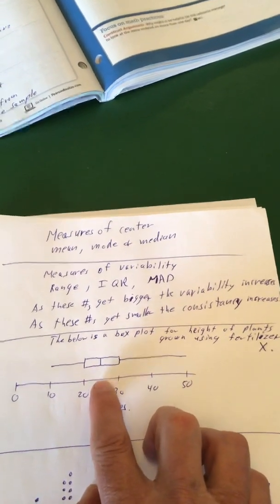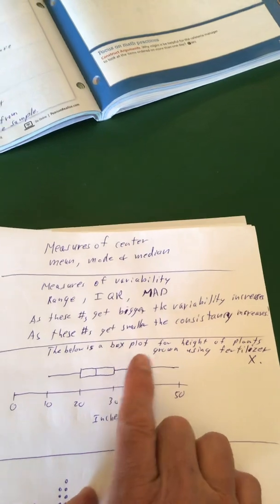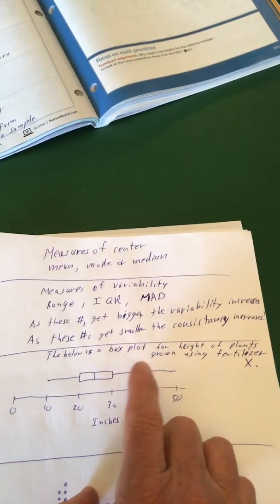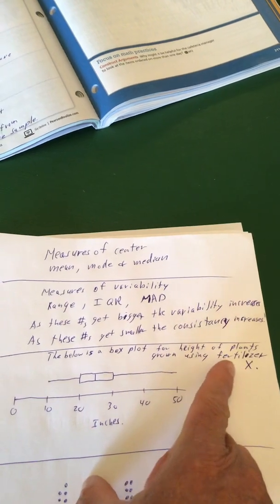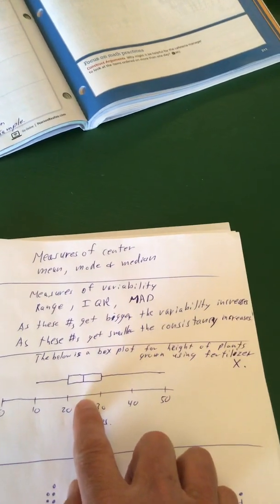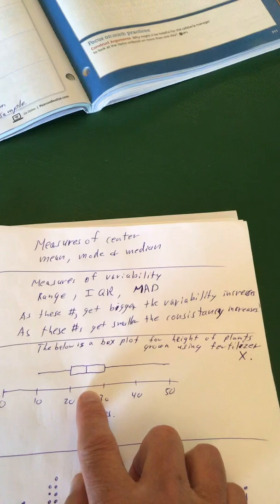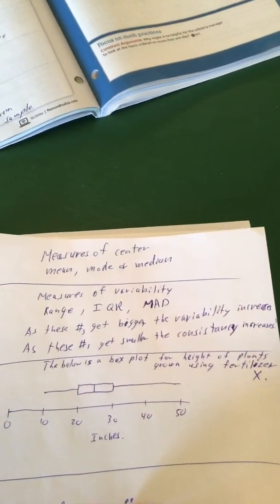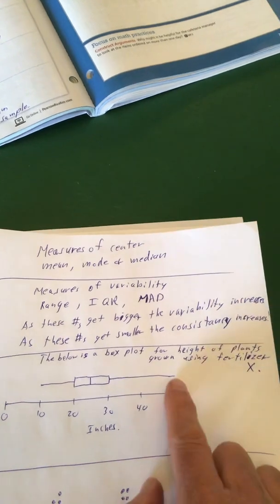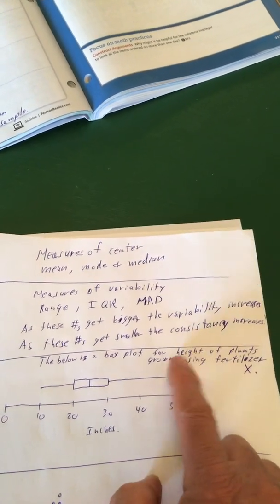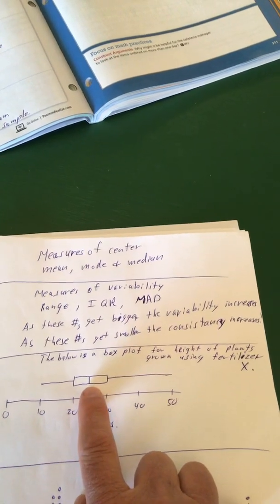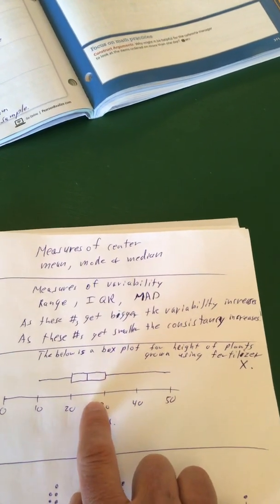So an inference you could make is, the median for the plant height using fertilizer X is 25. And that would be a statement you can make based on facts, right?